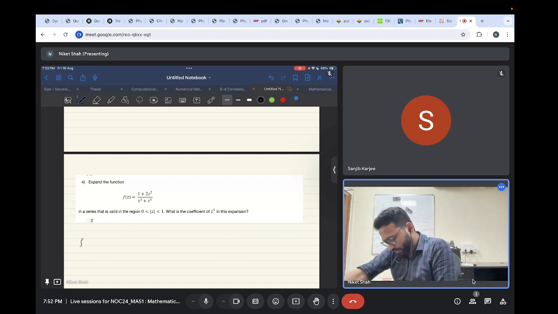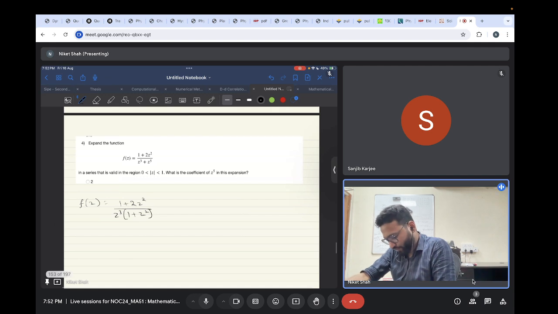Okay, so f of z is 1 plus 2z square divided by, I can take z cube common outside, 1 plus z square. So 1 divided by, I can clearly see what can be done here, plus 2 by z into 1 plus z square.